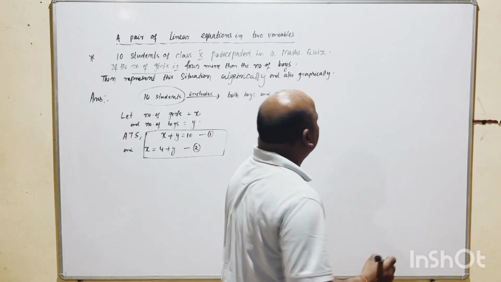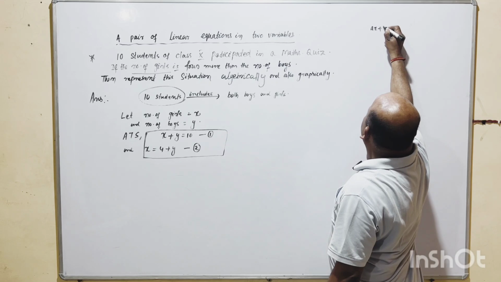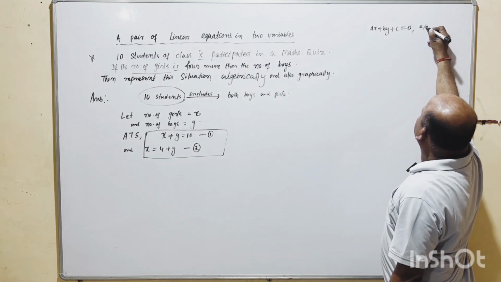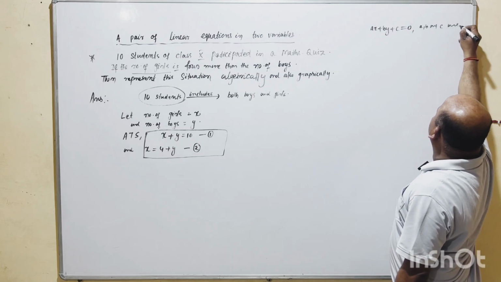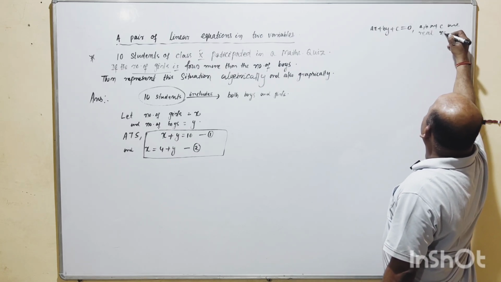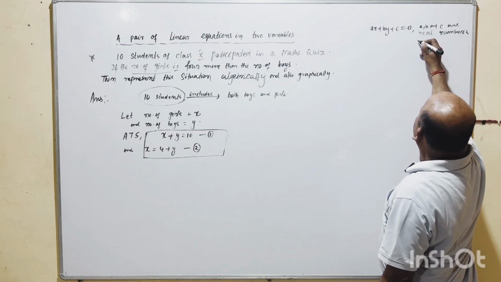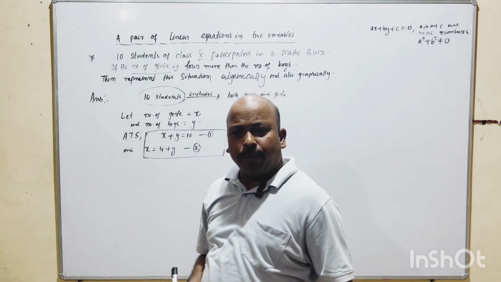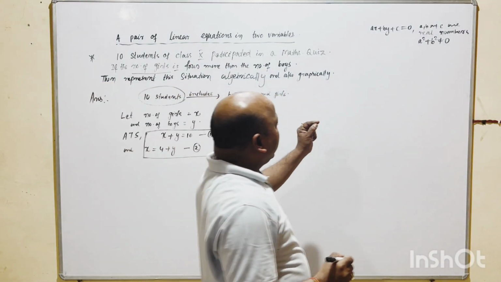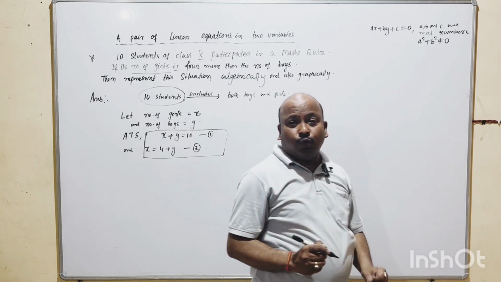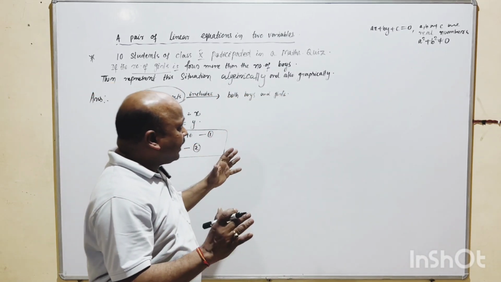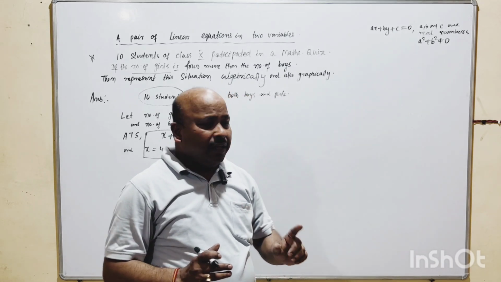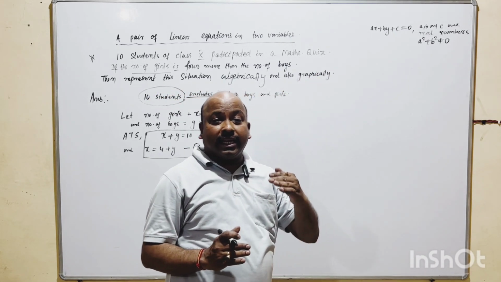So students, ax plus by plus c is equal to 0, where a, b and c are real numbers and a square plus b square is not equal to 0, is the standard form of a linear equation in two variables. Here x and y are the two variables. Sometime before, I discussed that the geometrical meaning is a straight line that intersects both the x-axis and y-axis.